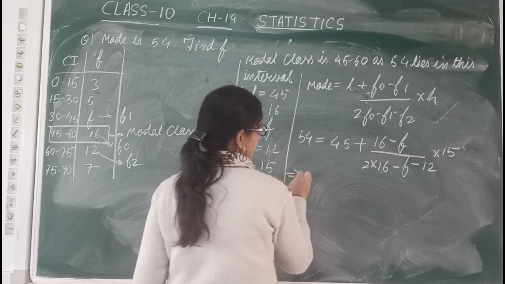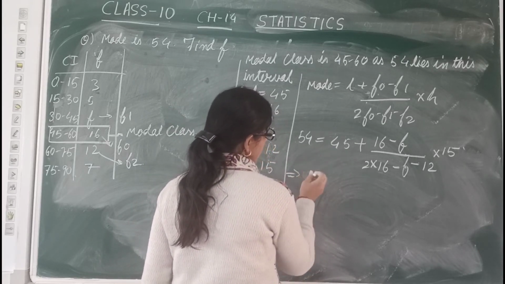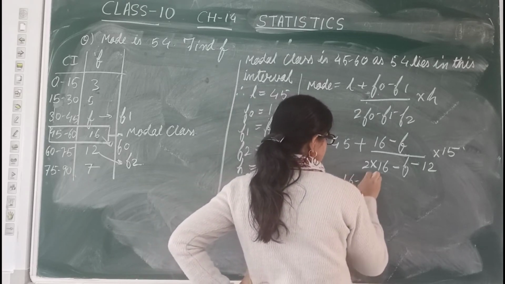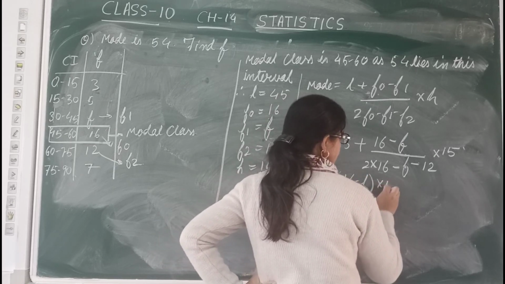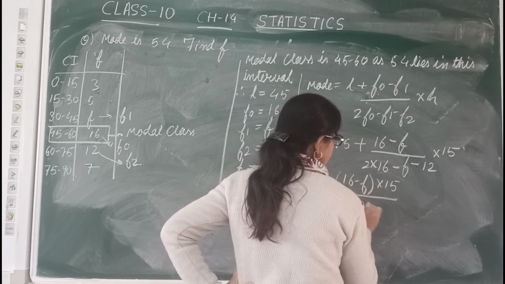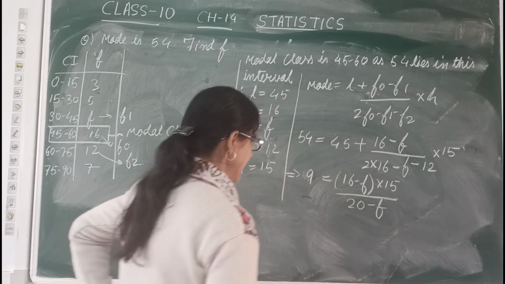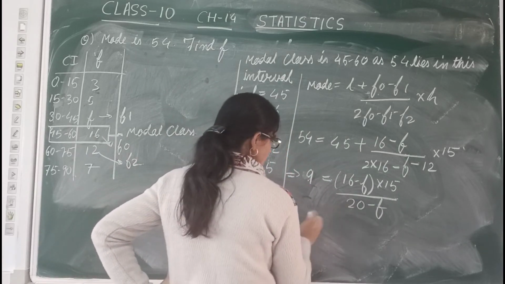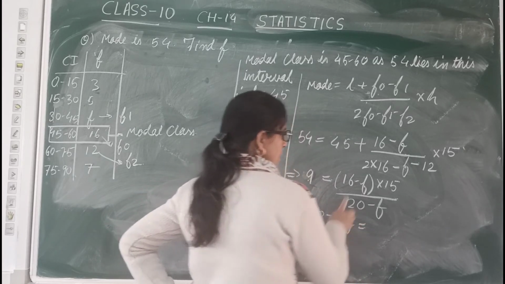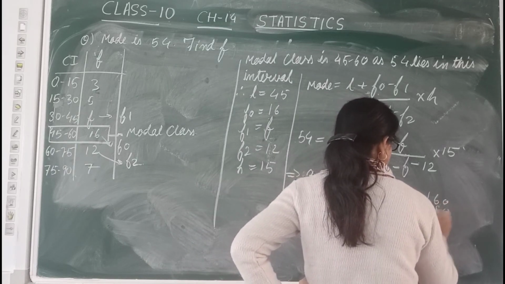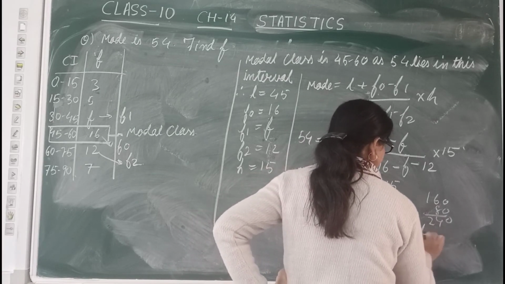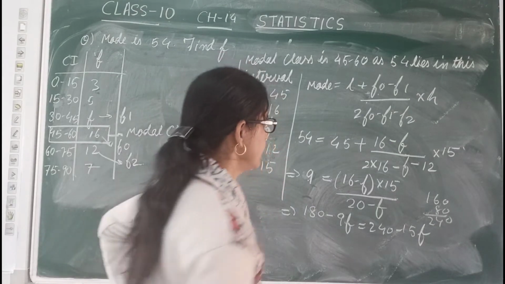Okay. So this implies 54 minus 45, let us do. This will be 9 equals 16 minus f into 15 divided by 32 minus 12 is 20, 20 minus f. Now this implies, let us make a cross multiplication, 180 minus 9f equals 160 and 80, 240 minus 15f.